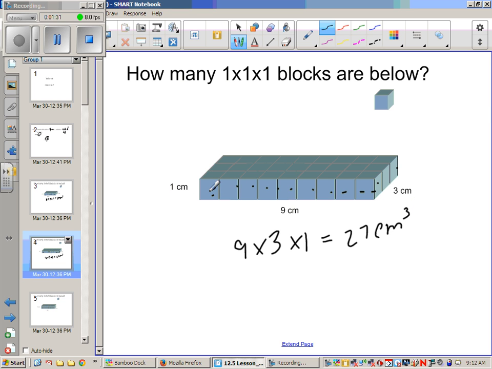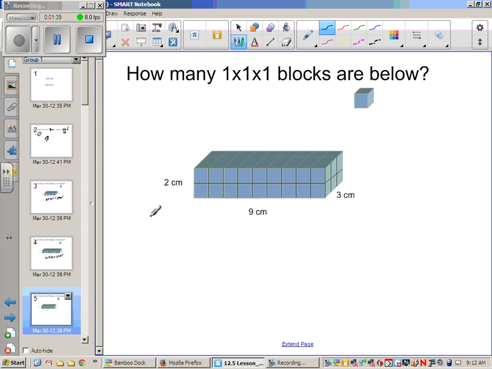And what you can kind of get the idea with volume is you first take that base, that shape that you made, and you find the area of that, and then you can start stacking on another layer. So instead of doing 9 by 3 by 1, my base is 9 by 3. My height of this now is 2 high. I have 2 stacks of blocks. So that's going to be 27 times 2, which is 54.